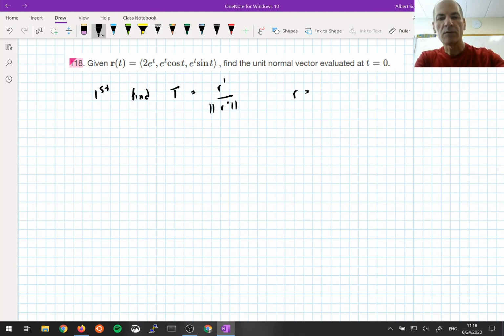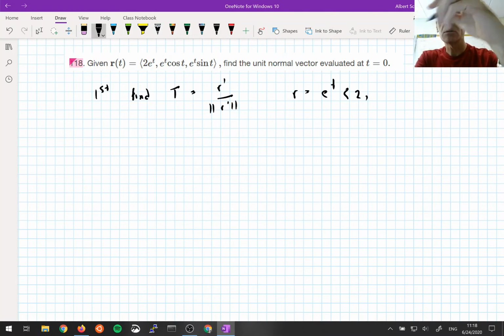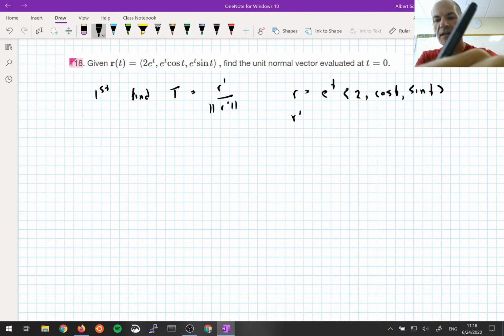I'm going to rewrite r in a slightly different way that will be advantageous to us. I'm going to factor the common factor of e to the t out of each component. And what we have left behind is 2, cosine t, sine t. To take the derivative, you may recall from the differentiation section just previously that there's a product rule associated with things that look like this.